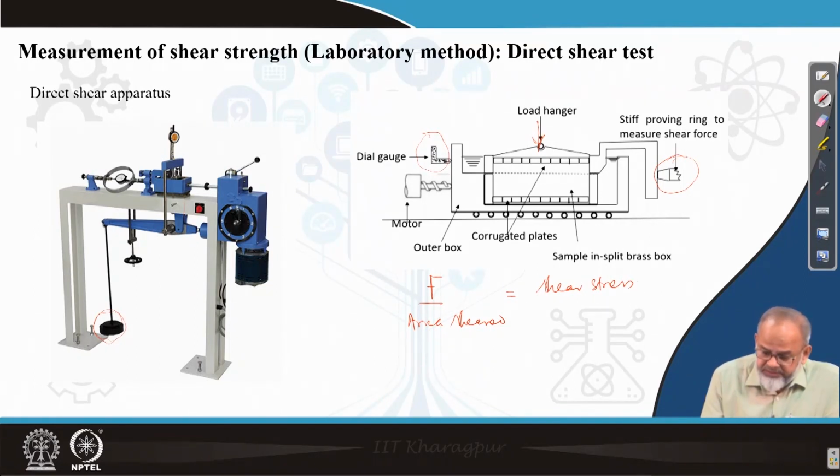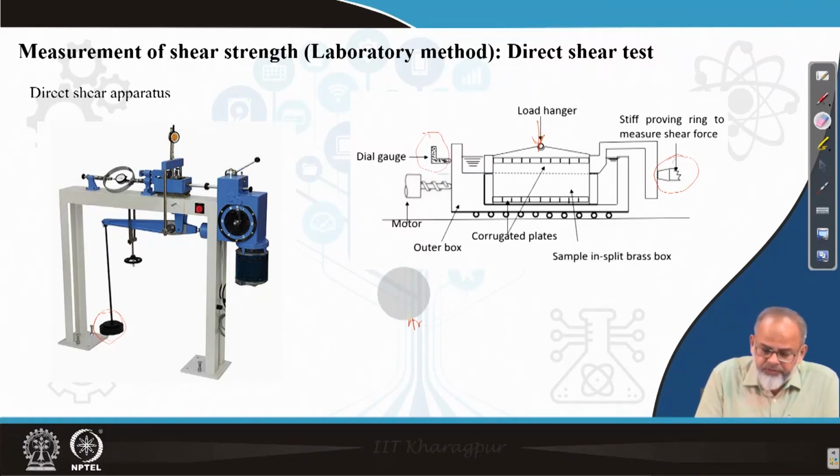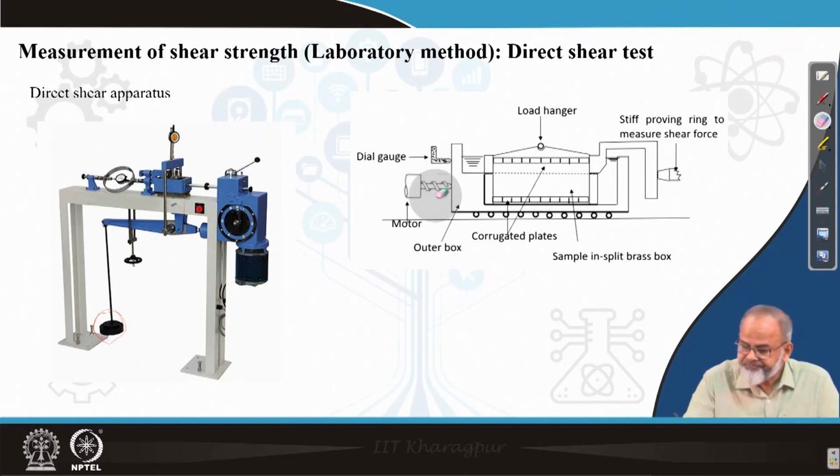The shear stress is to be measured for different loading conditions. We can vary the weight and then find out the shear stress versus normal stress curve, and we can also plot shear stress versus the shear displacement. Then what we will do with the data which we obtain from this test, that we are going to discuss.